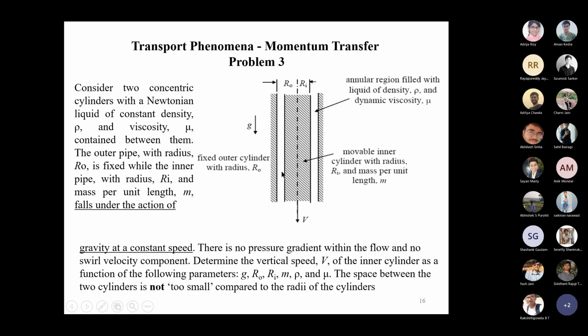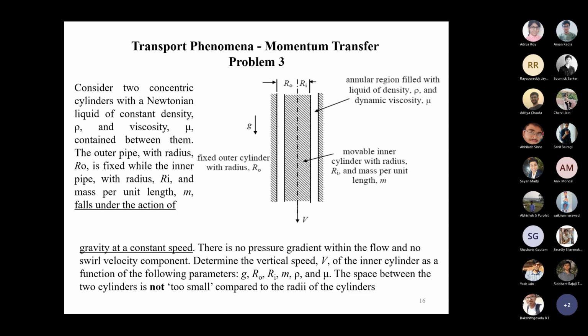As the velocity gradient increases, there's going to be an increasing shear force which will oppose the motion of the downward falling vertical cylinder. And a point would come where this cylinder will be acted upon by a zero net force, and then it will start moving with a constant velocity.